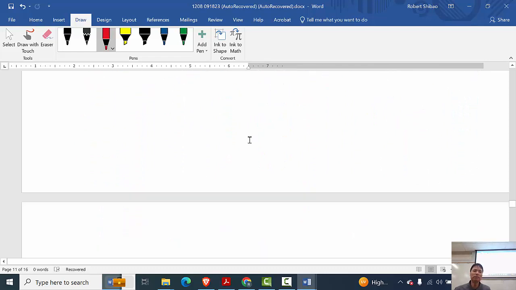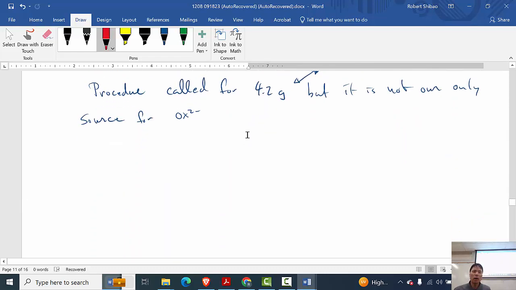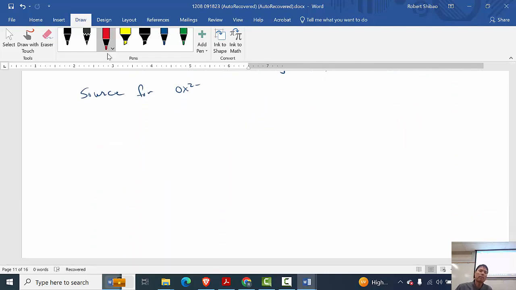So the deficit doesn't look as bad as it is. So we'll take our chromium 3 plus, and normally we can just react this with oxalate here, C2O4 2 minus, and we'll take 3 of those here.